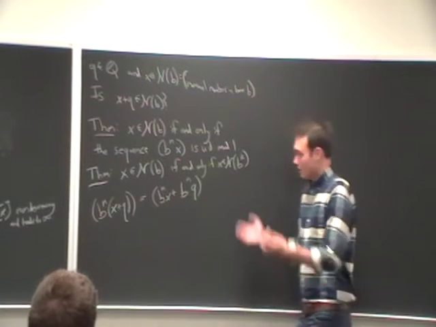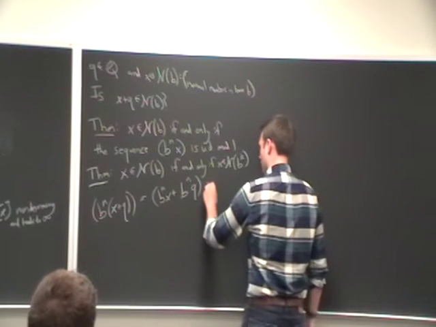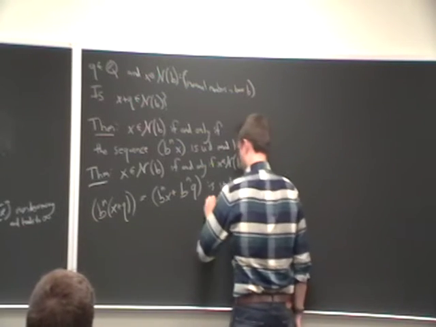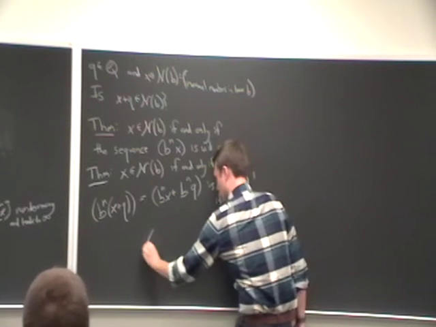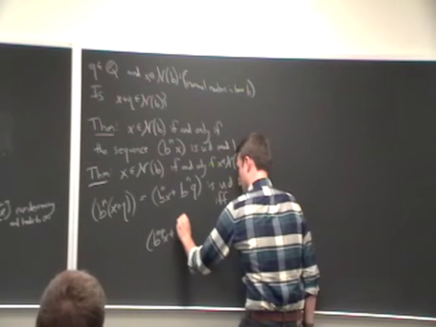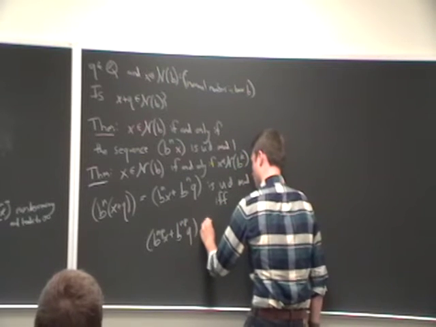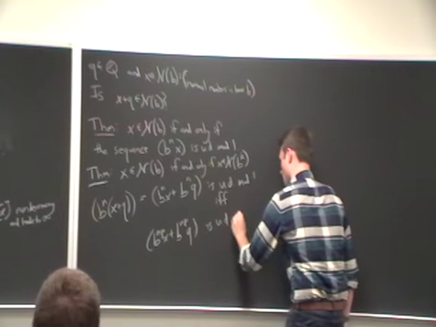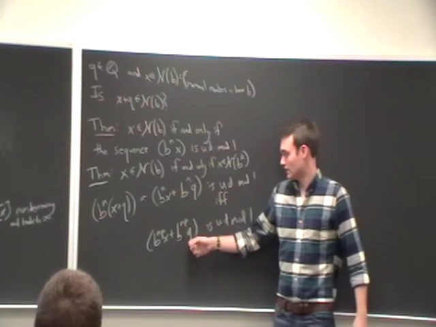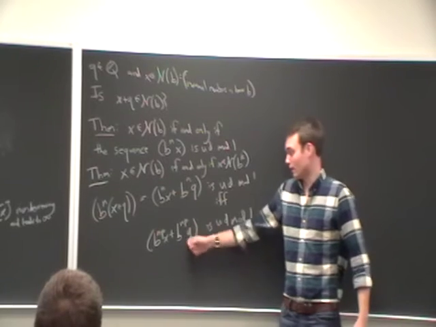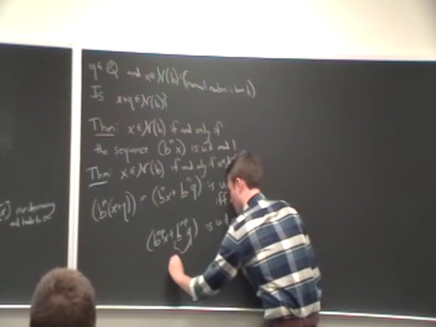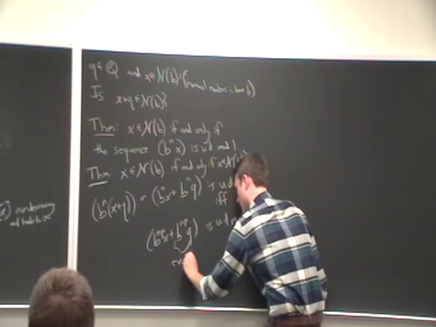So this isn't quite enough, but the point is that this is uniformly distributed mod 1 if and only if the sequence b to the n p x plus b to the n p q is UD mod 1, where p is just some integer. For example, we can take p to be the eventual period of the base B expansion of our rational number. In that case, this term here is eventually constant.